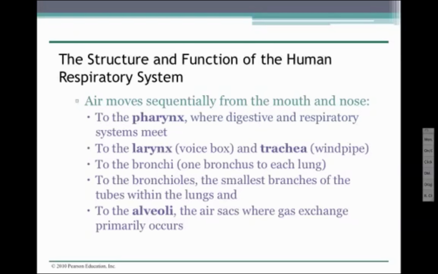And it's from the bronchioles down to the alveoli, which are the little air sacs where gas exchange occurs. The alveoli are microscopic. You will look at them underneath the microscope, but they're very, very thin, and that is where the gas exchange occurs.